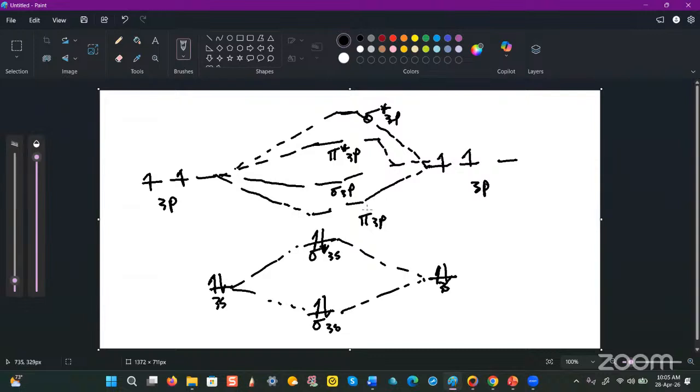And then for the 4 electrons that result from the 3p sublevels, the first 2 would go here, and then the next 2 would go here and here. And that would be it in terms of the electron distribution among the molecular orbitals. So that answers the first part of the question.